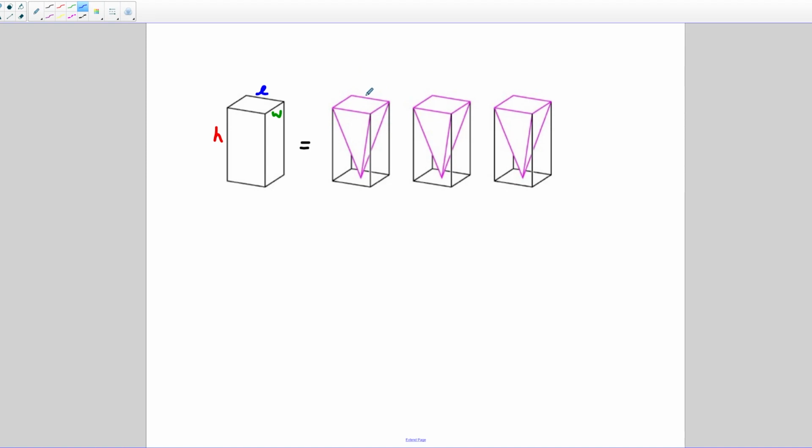And what this is representing is if I have 3 pyramids with the same length and the same width, and the same height. So the height, if I were to draw a perpendicular line from the middle of each of the pyramids, that height would also be exactly the same as the height of my rectangular prism.